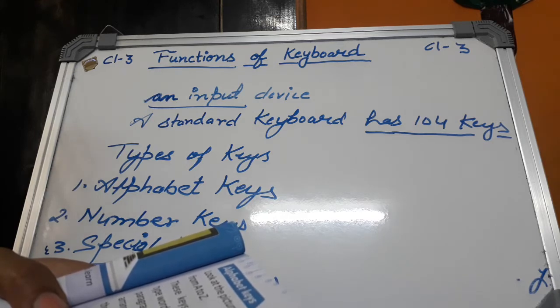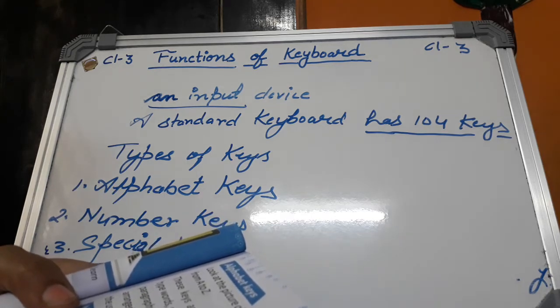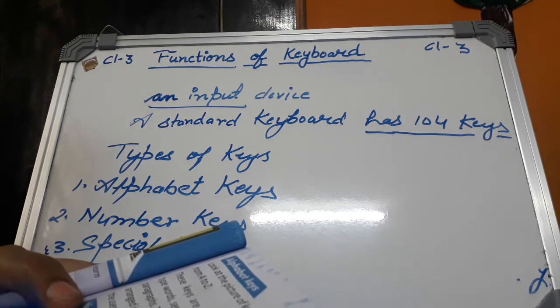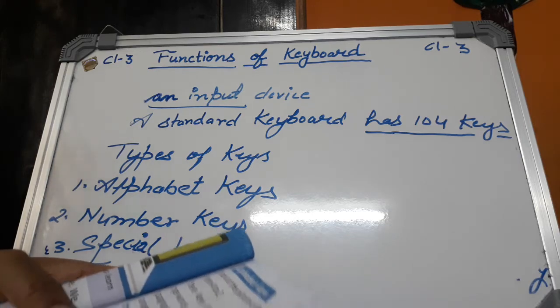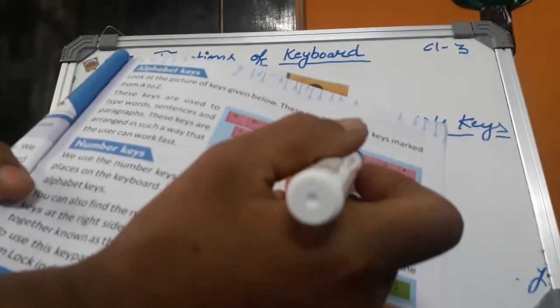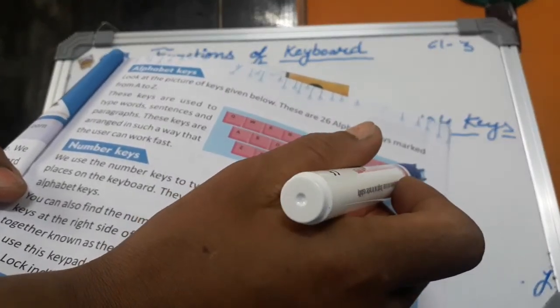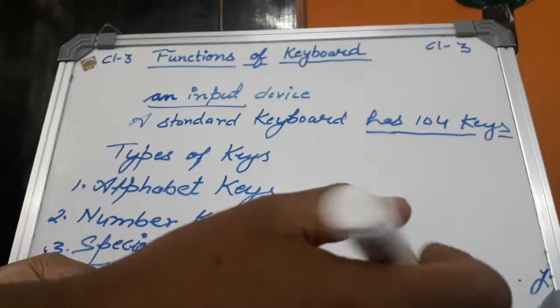These keys are arranged in such a way that the user can work fast and easily type words. Q, W, E, R, T, Y, U, I, O, P, these are the sequence of keys on the computer.